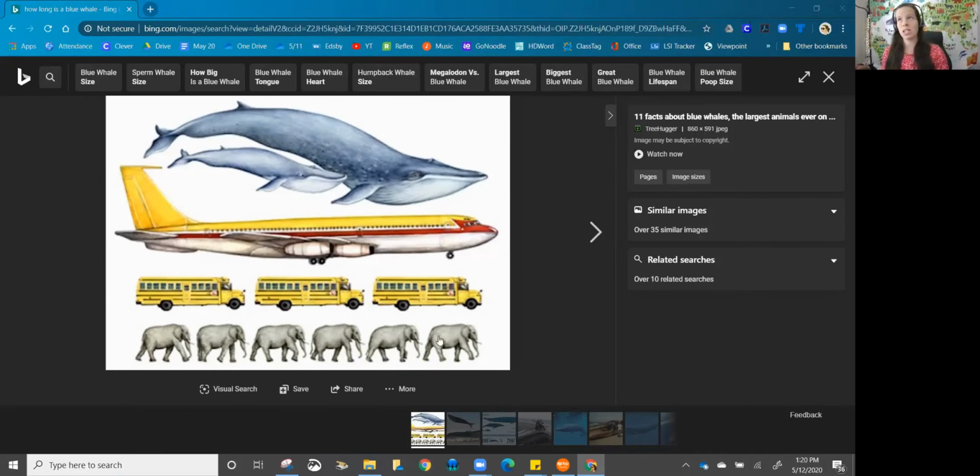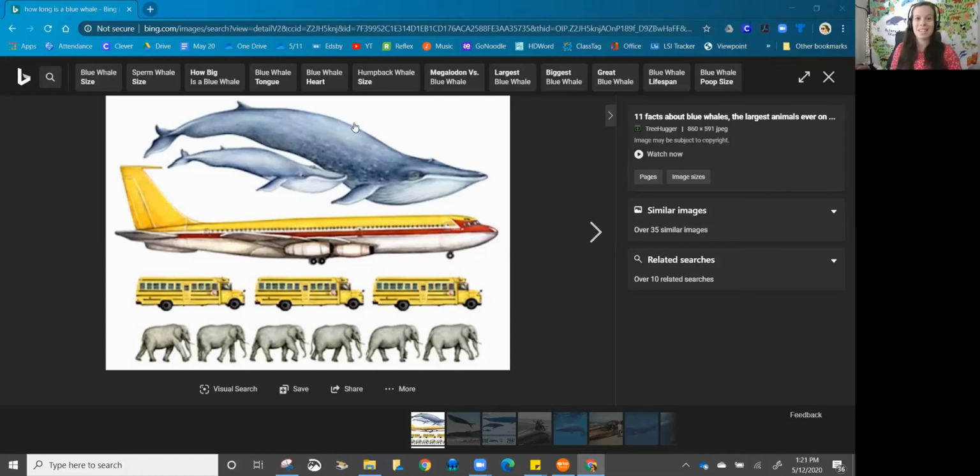If an elephant is a meter or two, 2, 4, 6, 8, 10, 12, they're probably longer than that. I haven't seen an elephant in person in a long time. Well, a school bus is a lot of meters. A school bus is like 10 meters? So 10, 20, 30. Yeah, those elephants are bigger. My bad.